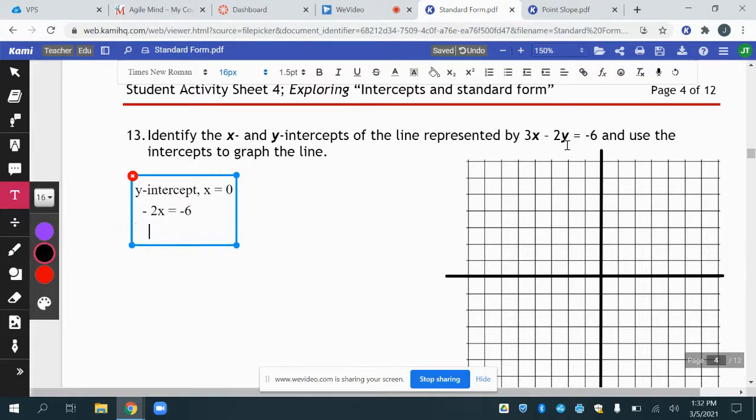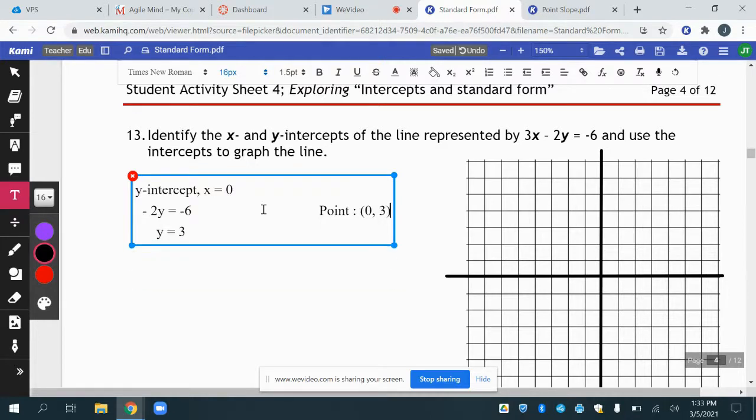That means I divide both sides by negative 2 and I get, well, negative 2 times 3 equals negative 6. We get 3. Oops, I forgot that's supposed to be a y. There. Much better. So that's the point for x is 0, and y is 3.